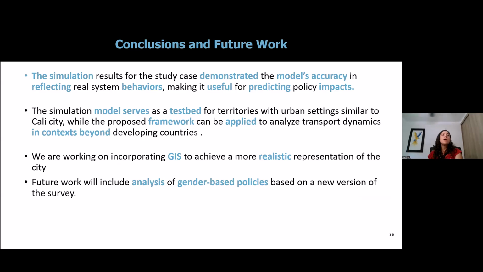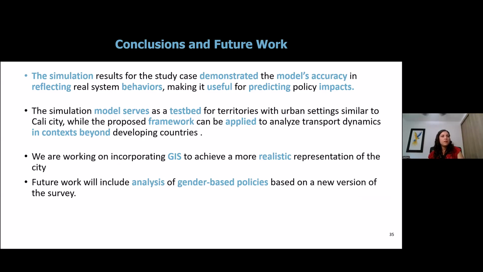And also, we want to analyze policies with a gender focus, because we implemented a second version of the questionnaire where we included some gender-based questions, and then we can analyze the impacts of policies on mobility with these gender differences.